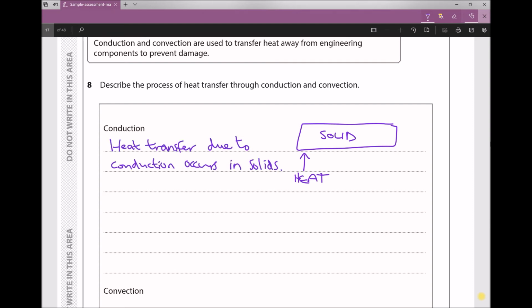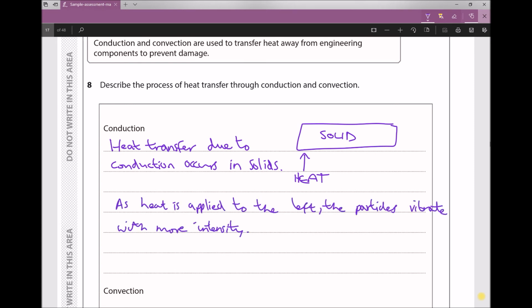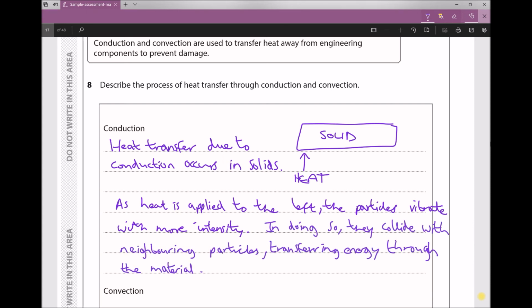I would then go on to say, as the particles on the left-hand side are heated, they gain more energy and vibrate at a greater intensity, or words to that effect. And I would finish by saying, in doing so, they collide with other particles, transferring energy along the sample of material. Now, this is a relatively basic description, but that's all that the question's really looking for due to the number of marks that have been allocated for the question.